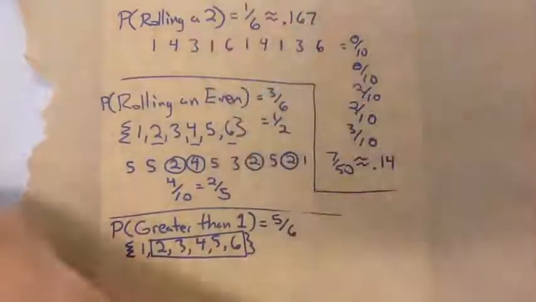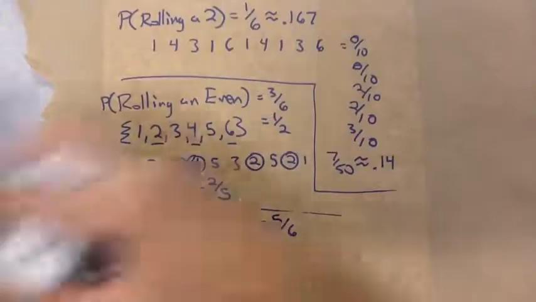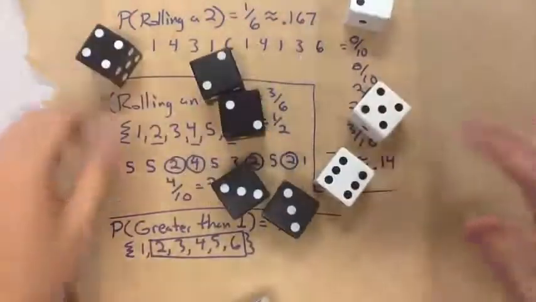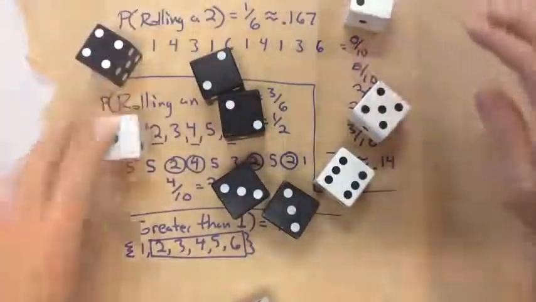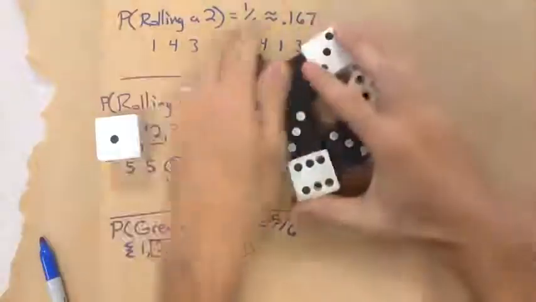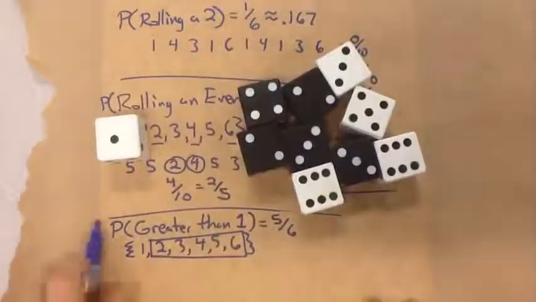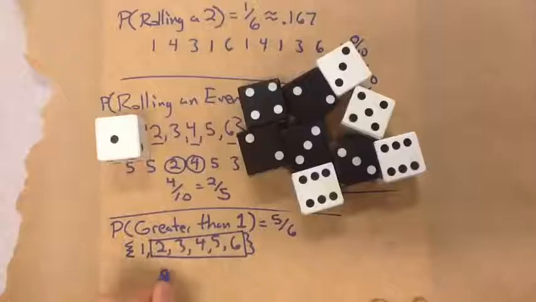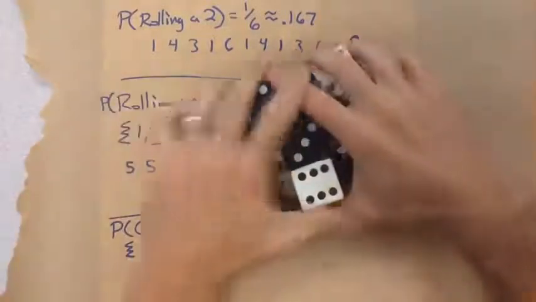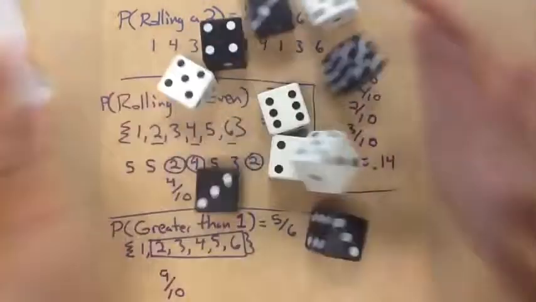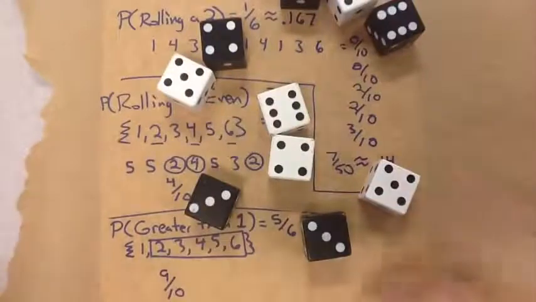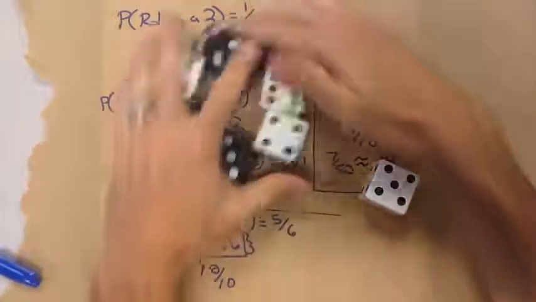So we're going to get real quick. We're going to roll all 10 and find our greater than 1. So I got a 1 here, and the rest work. So this was 9 out of 10. Do it again. We have no 1, 10 out of 10.